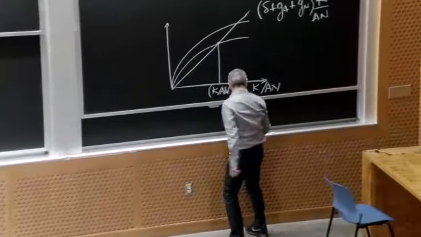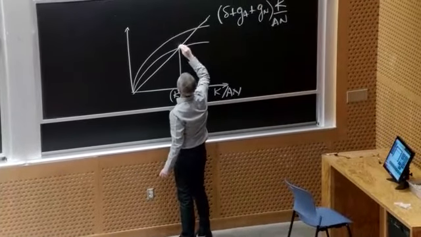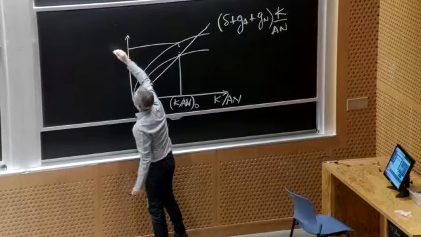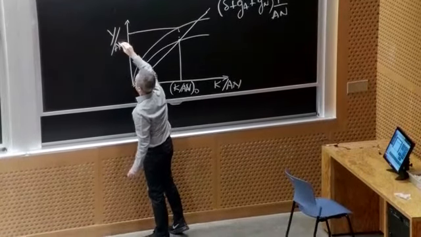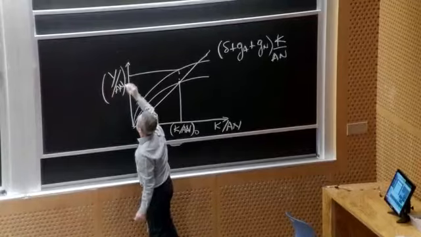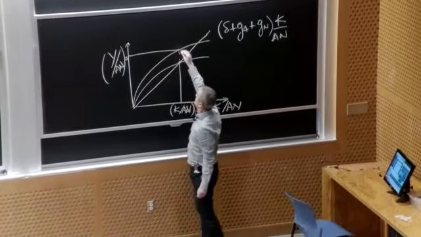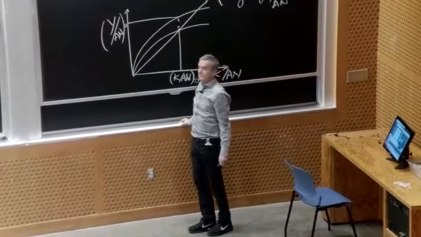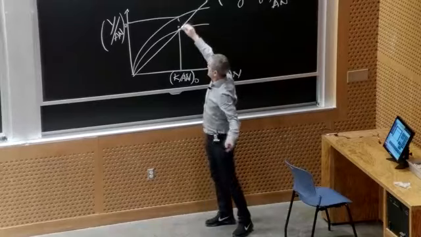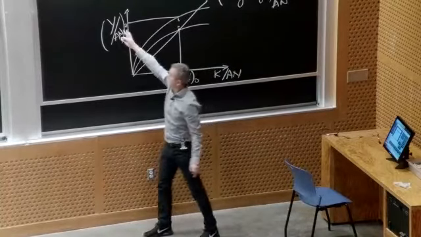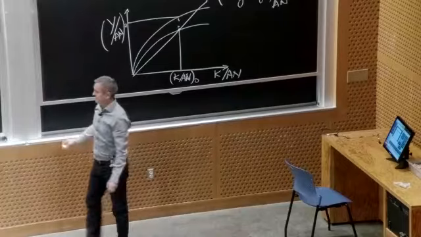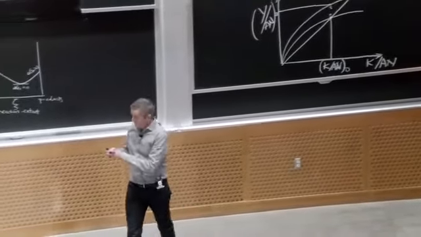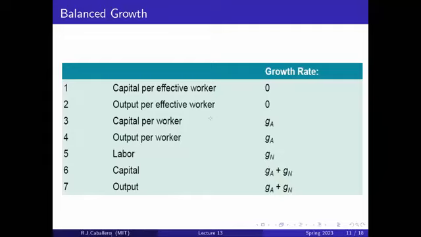That's my steady state level of output per effective worker. So these are constant. That's a steady state. This ratio is constant. Each of those components is not. So that's what I'm plotting there. Those are not growing.